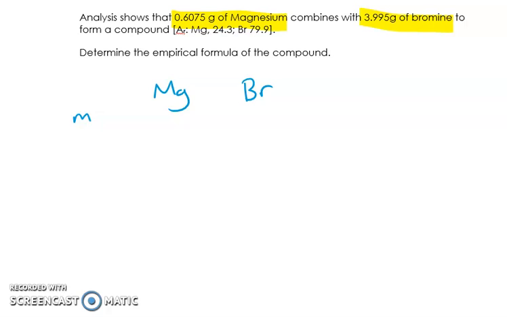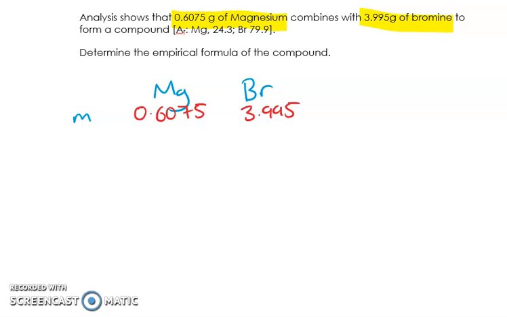So here we're going to write in our mass of magnesium, which is 0.6075, and here we're going to write in our mass of bromine, which is 3.995. And this method of laying it out is just so that any examiner or anyone marking my work can see clearly what it is I'm attempting to do and find out where to award my marks.